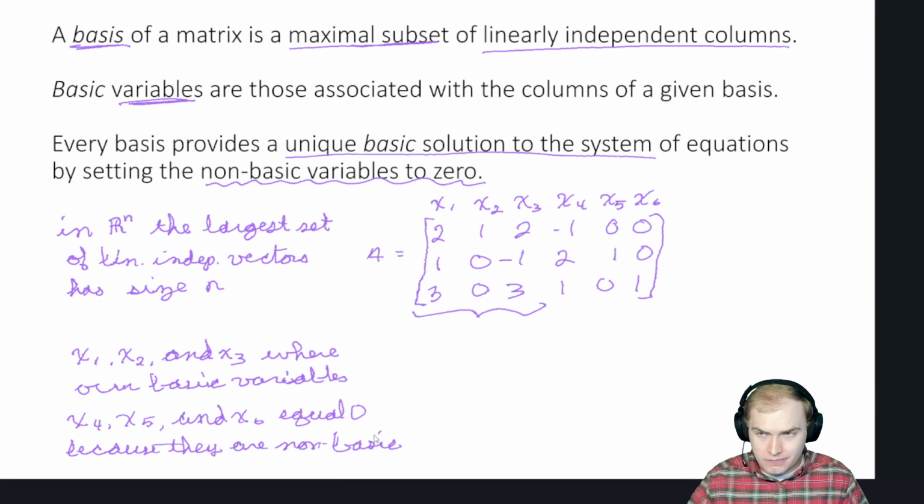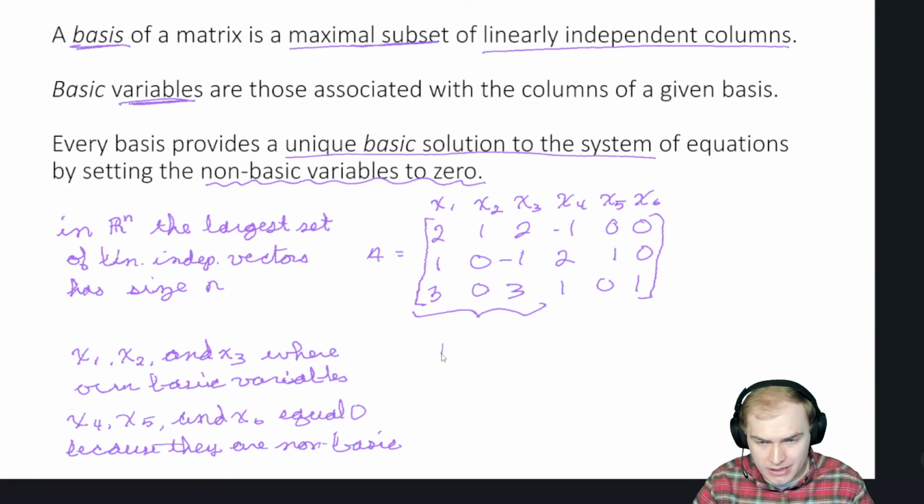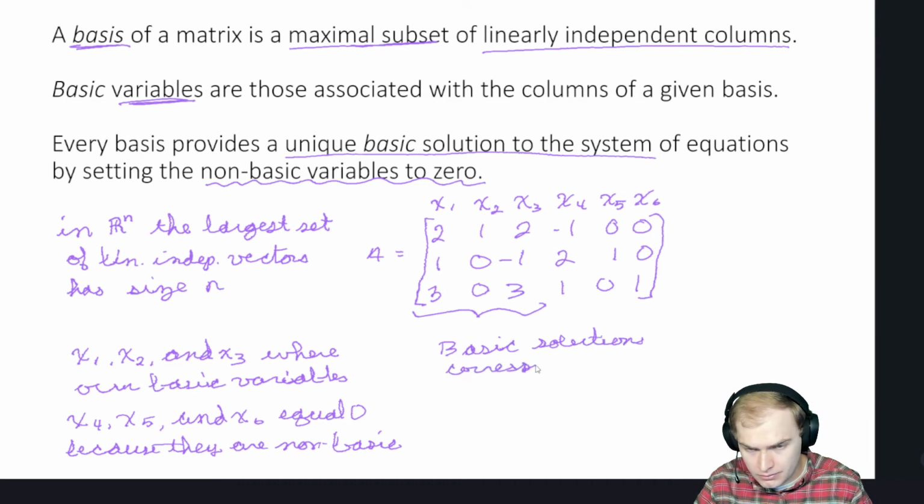It turns out that if we have equalities, not inequalities, for our constraints, the basic solutions correspond to extreme points in the system. So basic solutions correspond to extreme points.